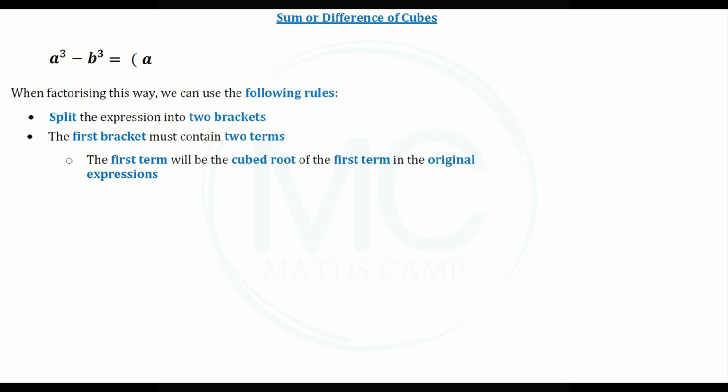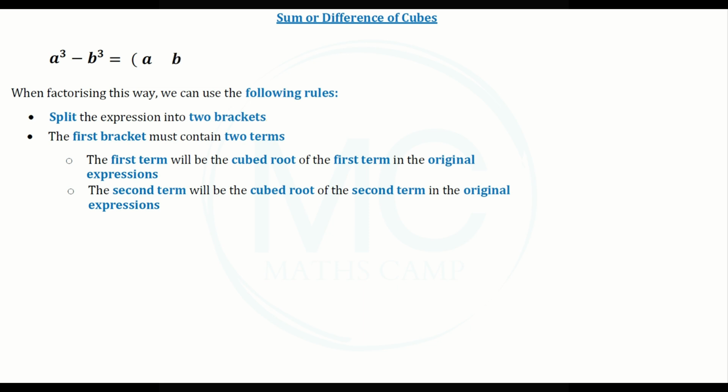The second term in the bracket is the cube root of the second term in the expression. Here we have b cubed, so the cube root is simply b. The sign between the terms in the bracket is the same as the sign in the original expression. Here we have a cubed minus b cubed, so our bracket becomes a minus b.